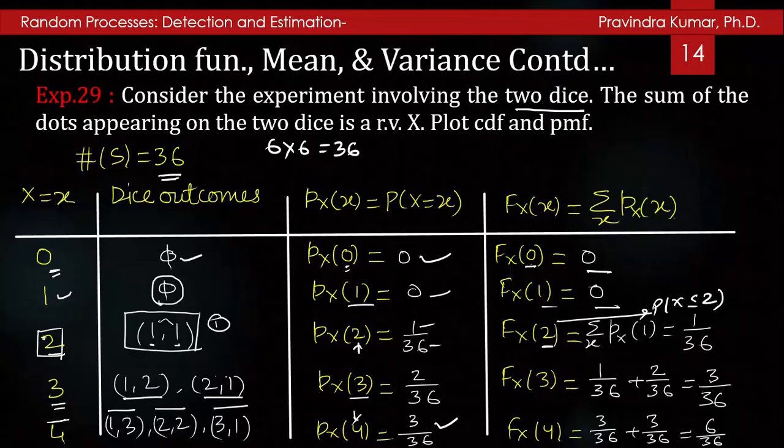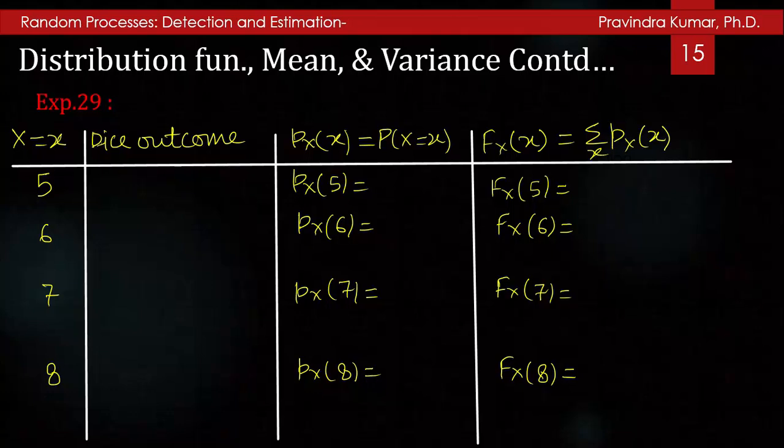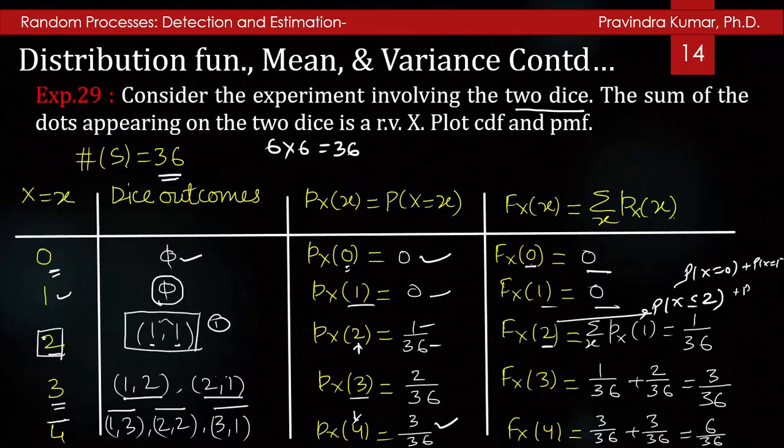This means you can say the probability when x is equal to 0, plus the probability x is equal to 1, plus the probability when x is equal to 2. So here you can see 0 plus 1 by 36, the summation of all PMF up to x is equal to 2. So it is 1 by 36.